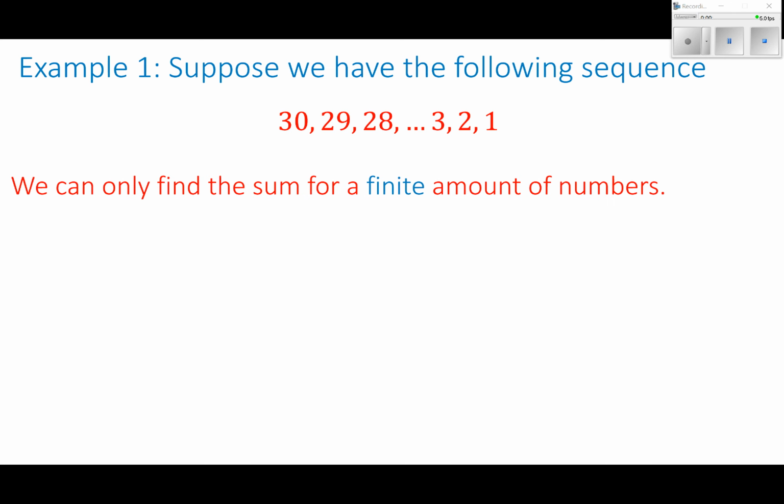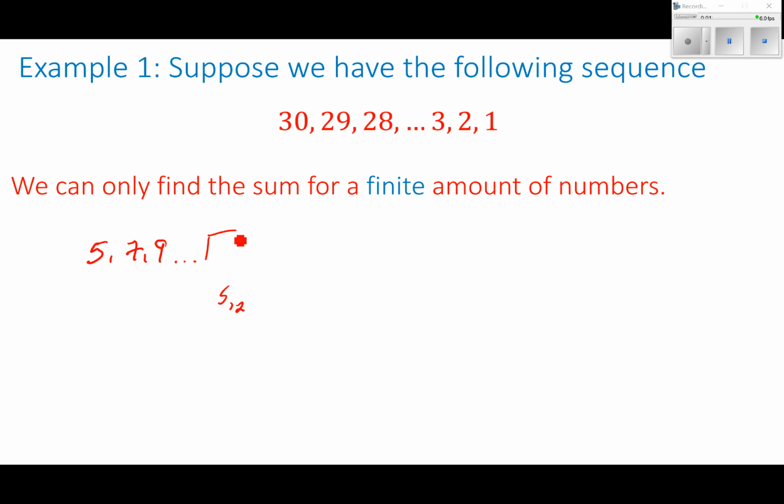With a series, we can only find the sum for a finite amount of numbers. So in this case, we started at 30, we went all the way down to 1. But I could also be given a situation where maybe I have 5, 7, 9, ... as the start of my sequence, and they say, well, what is the sum of the first 12 terms?